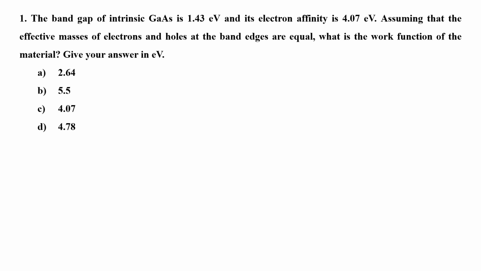So first, what is the equation that connects band gap and the effective masses of electrons and holes? For the Fermi level, we have an equation, right? Something that connects the effective mass and Fermi level. Once you know that equation, you can find the Fermi level. Once the Fermi level and electron affinity are given, you can find the work function.